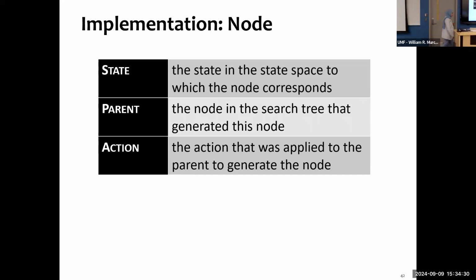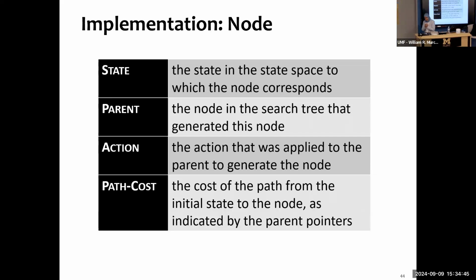Also something else we need to keep track of. The goal is a state. So if I'm saving the states here, I'm saving the initial, the intermediate, whatever we are, including the goal. But the very important information that I need to keep is the path cost.